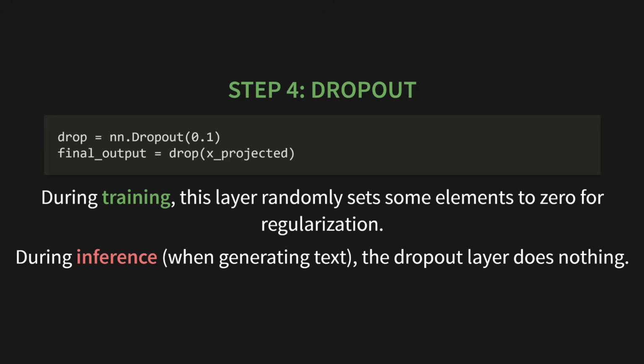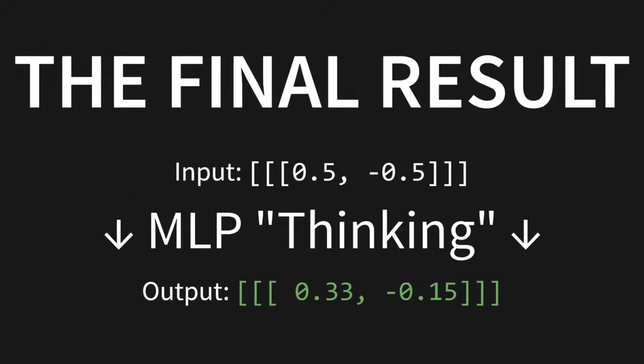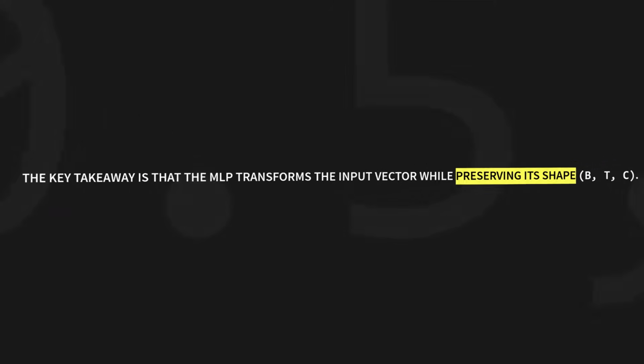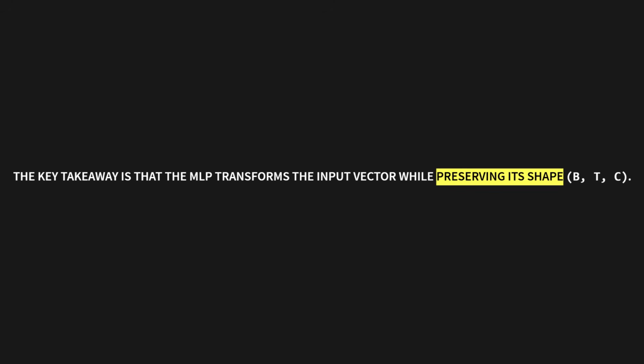So, the final result. Our input was a vector with 0.5 and -0.5. It went through the MLP's thinking process, and the output is a new vector with 0.33 and -0.15. The key takeaway here is that the MLP transforms the input vector while preserving its shape.